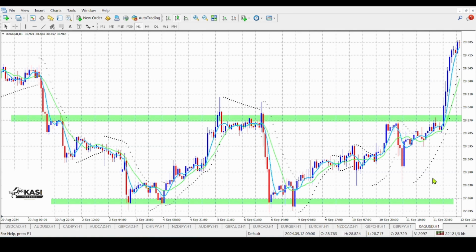Enter a short trade when these two conditions happen. Condition number 1: the EMA 5, this blue EMA, crosses over so that it's below the EMA 12, the green EMA, and both facing down, like here.